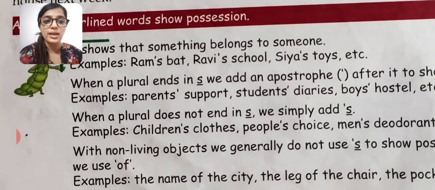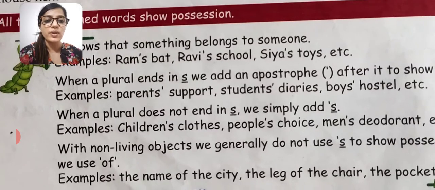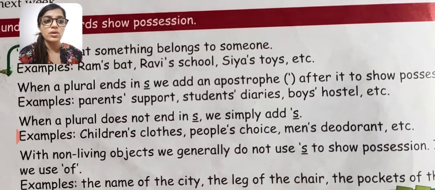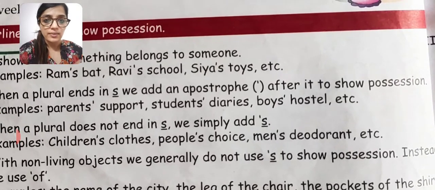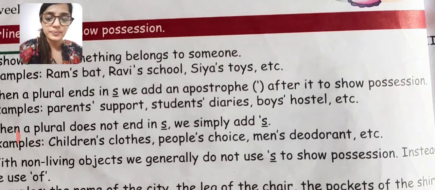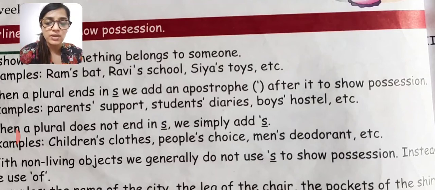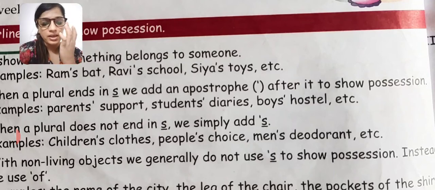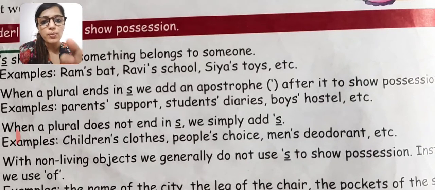When a plural ends in s, we add an apostrophe after it to show possession. Now there is a difference. When there is a singular, when we say Sita's pen, it is okay. When we say baby's diaper, or when there is already not baby but babies, the plural form already ends with s, so we are not using the apostrophe in between.